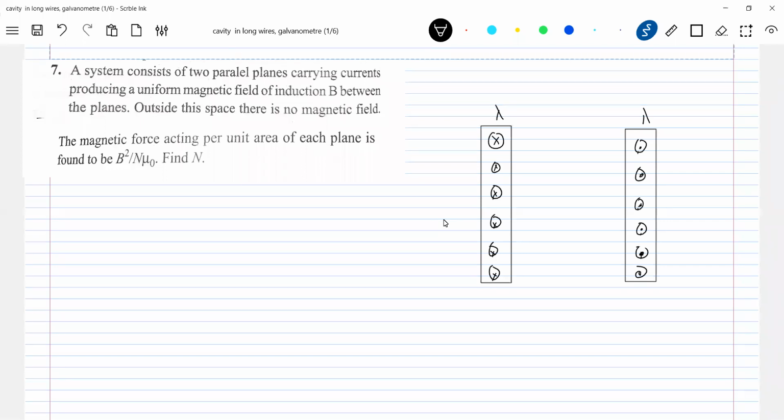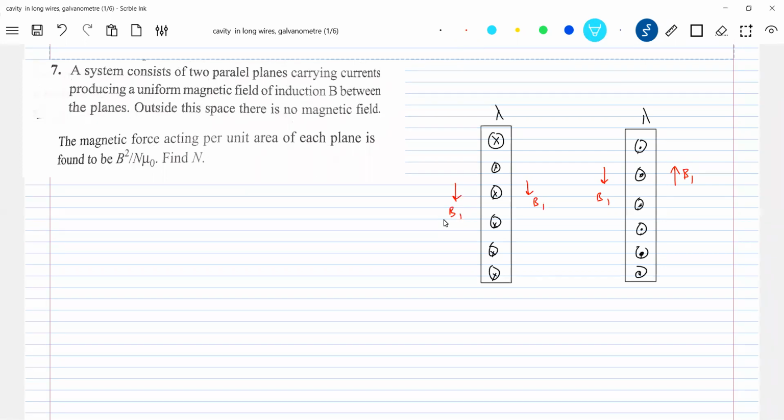So what is the field produced by this? The field produced by this will be here, call it B1. This will be B1, and it will also produce B1 here, everywhere, no? By superposition.